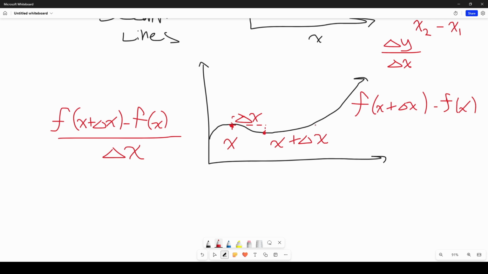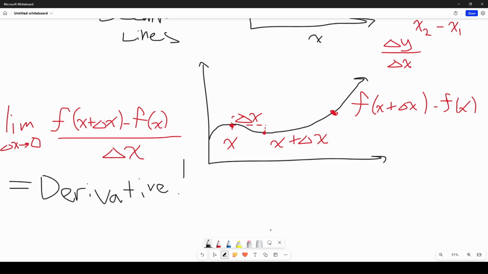So let's say if delta x meant the second value is all the way over here, this secant line is nowhere close to the tangent line. So we need a limit as delta x approaches 0. And because of this, now we literally have the derivative. This is equal to the derivative, or the tangent line, at x.